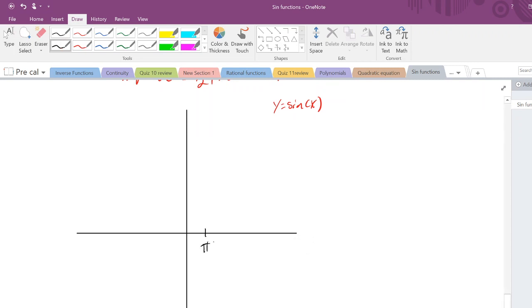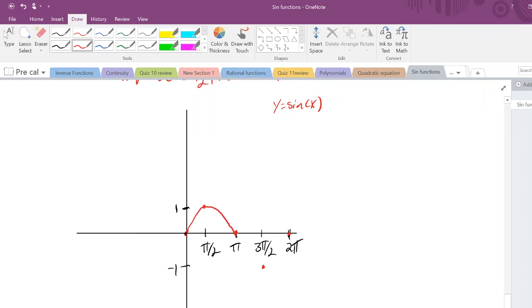So the 4 points, I need pi over 2, I need pi, I need 3 pi over 2, and I need 2 pi. Okay, so then I need 1 and negative 1. Alright, so here, I'm going to start here, here, here, negative 1, here.